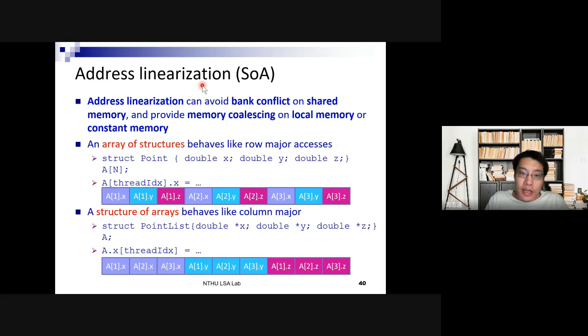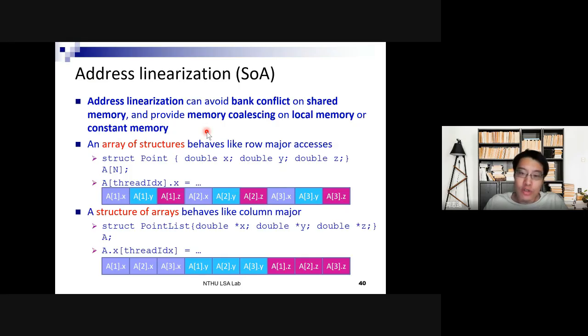Usually, as we have shown many examples already, you can do that by changing how you linearize the address pointer that each thread needs to access, to make sure they access continuous memory addresses in the same order as your thread index. So I won't repeat that again. You probably should already know how to do that.